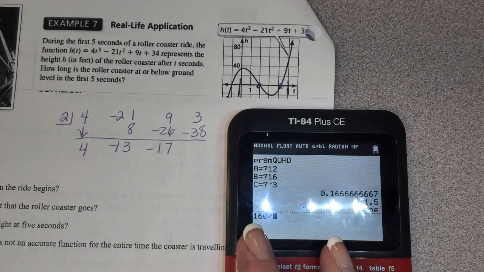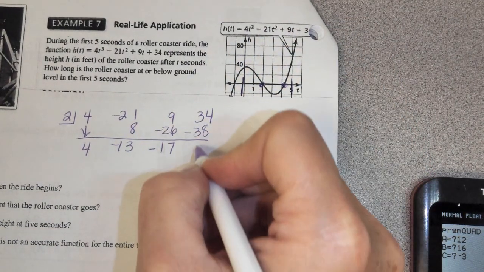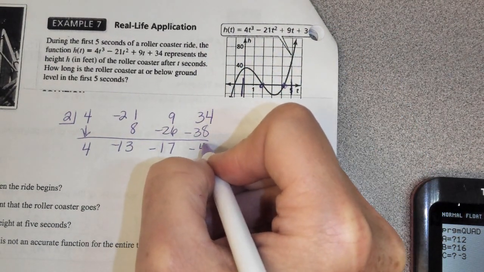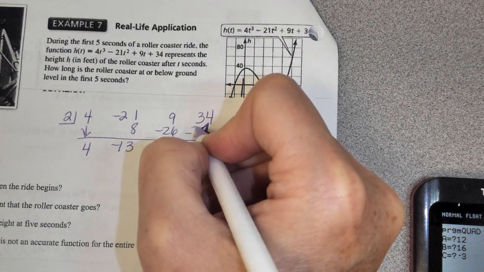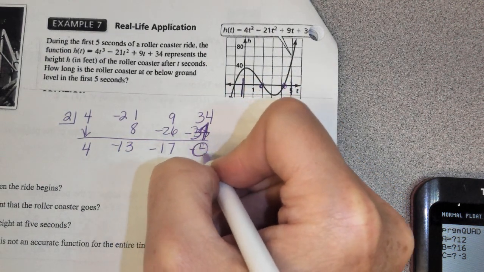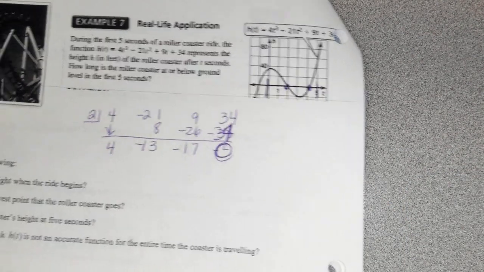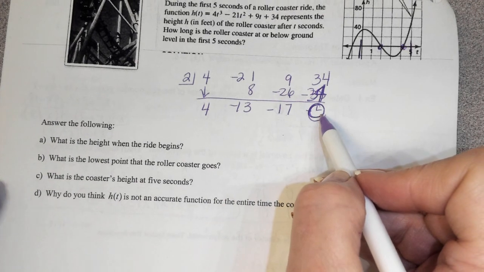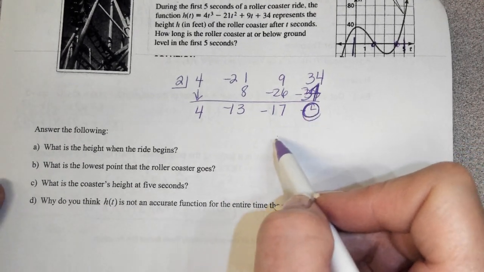Wait, no, it's next 34. Oh, there we go. That makes more sense. Okay, so that is a 0, like I thought it was going to be. At first I was wondering what was going on.